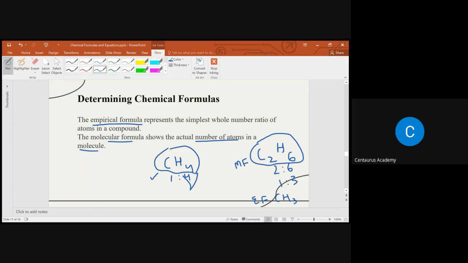Yes, it cannot be further simplified, which is why it is the empirical formula. But it is also the molecular formula since it shows a clear representation of the actual number of atoms. There are no other atoms added into this molecule. Okay, this is the actual representation of the number of atoms present in this methane molecule.